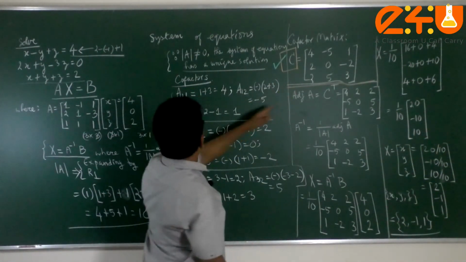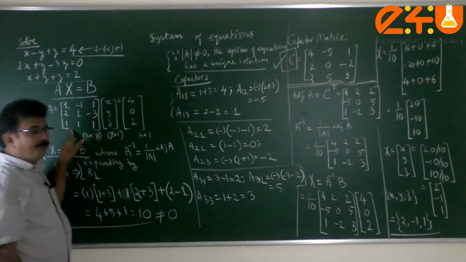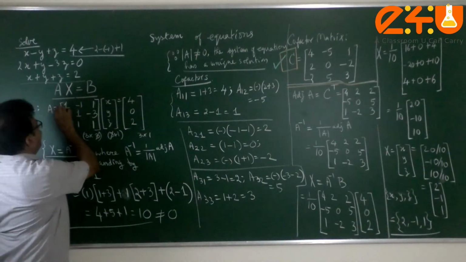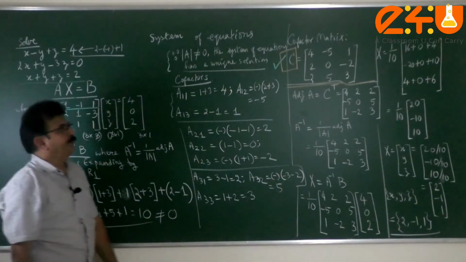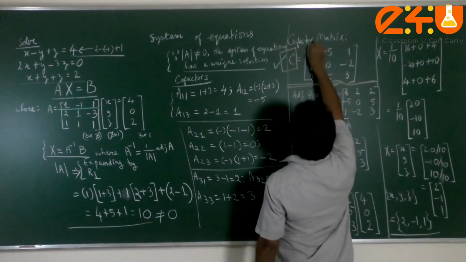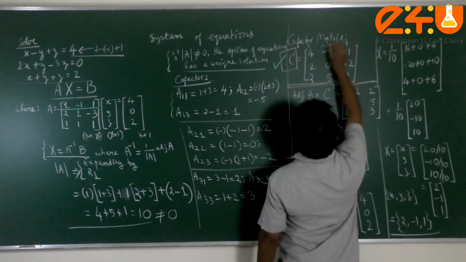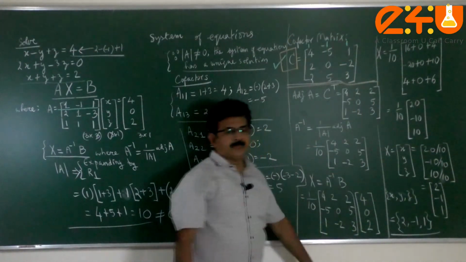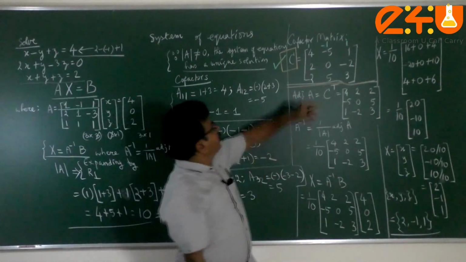Go back to matrix A. Matrix A is available. Take row 1 elements, 1, negative 1, 1. I am just writing the 1, negative 1 followed by 1. What am I going to do? Very simple.